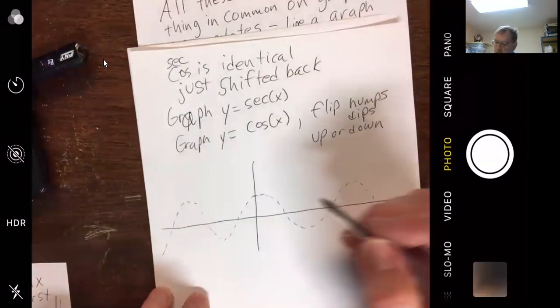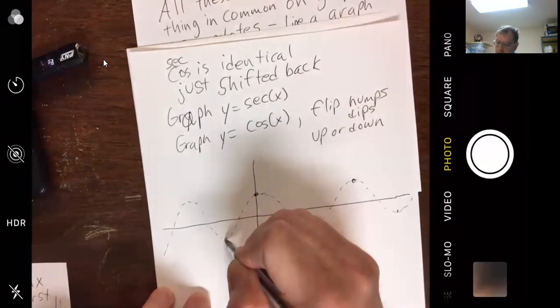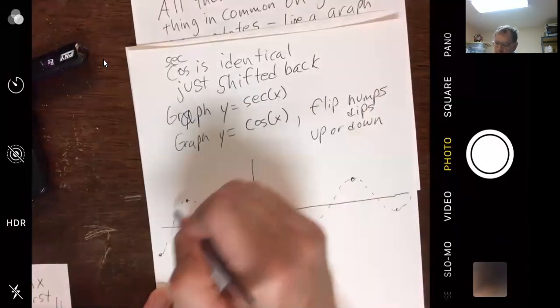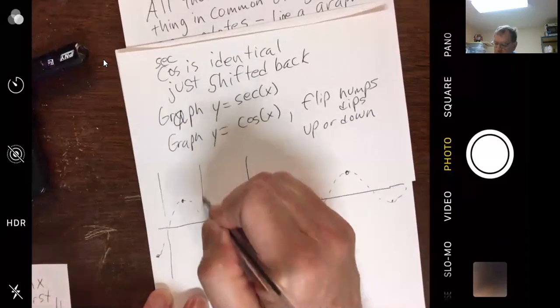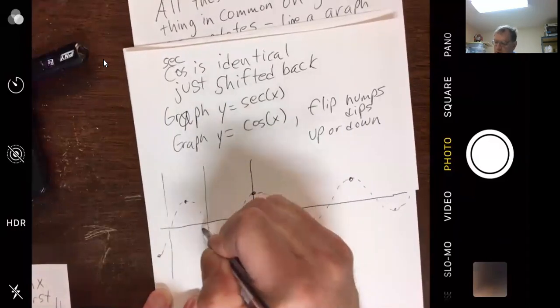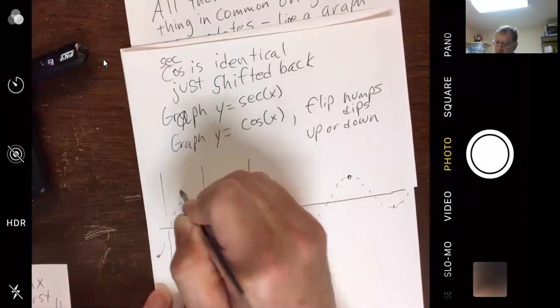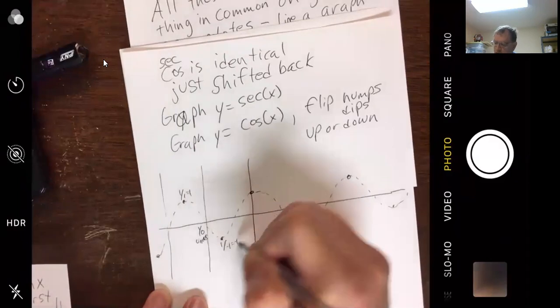Okay. The points at the humps and dips are identical. You're flipping negative 1 and 1. Every x-intercept will have a vertical asymptote because you're flipping 0. 1 over 0 is undefined. Your 1 over 1 equals 1. 1 over negative 1 equals negative 1.